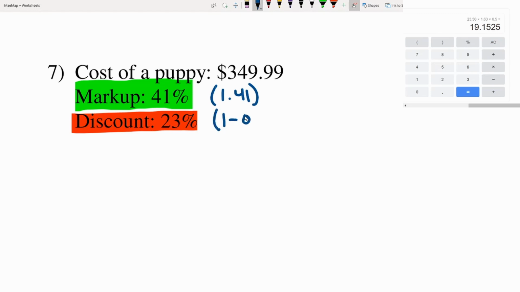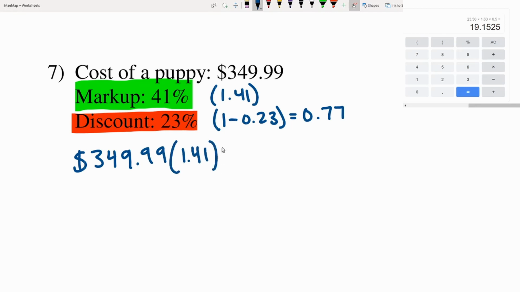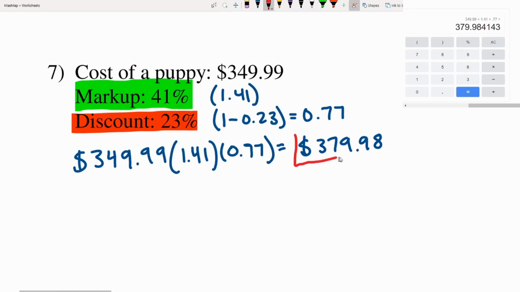So we'll do 1 minus 0.23, which is going to be 0.77. $349.99 times 1.41 times 0.77. Doing that on the calculator, we get $379.98. That's the price of the puppy after a markup and then a discount.